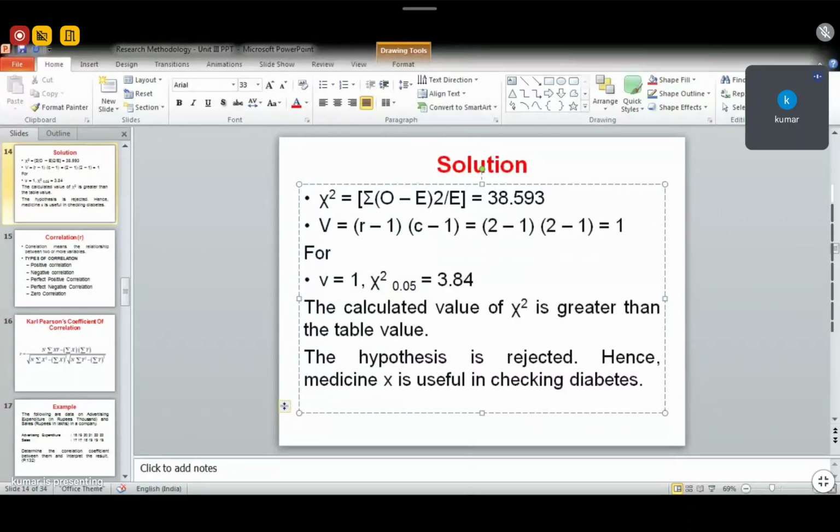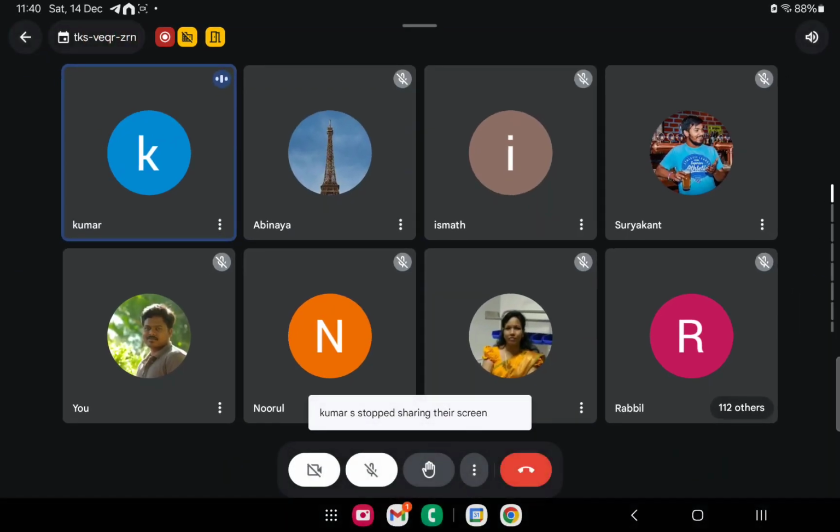Okay, sir. Can you explain one more problem with this example? Wait. First, I will complete this. I will come back to that. Just a minute.